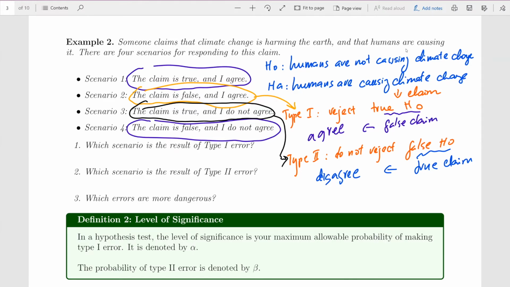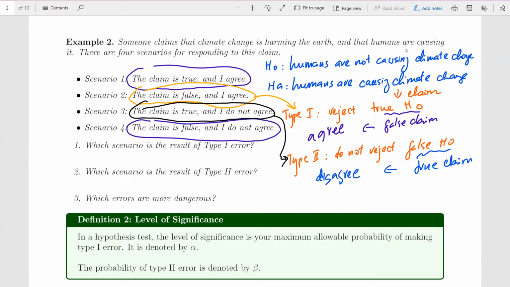So which error is more dangerous? What do you think? Well, type 1 means the claim is false. That means humans are not causing climate change, and I agree with that.